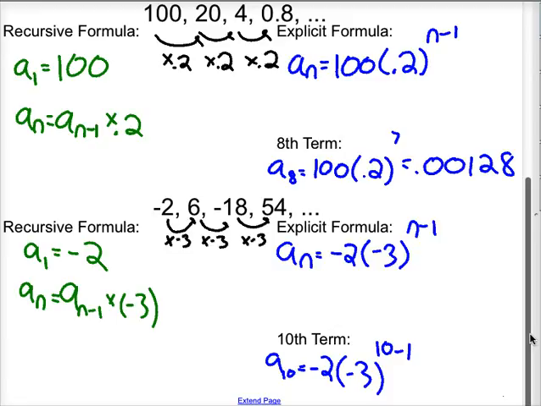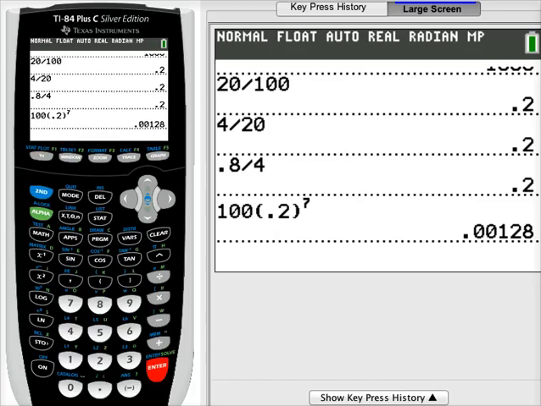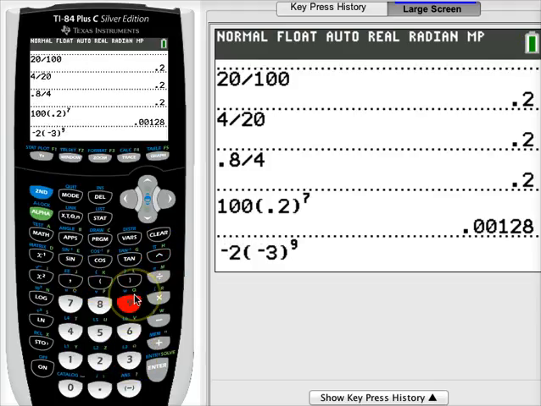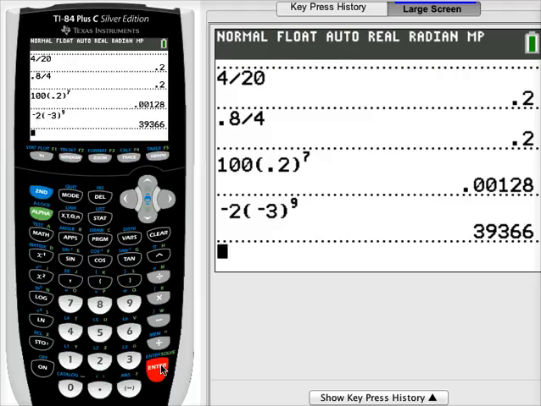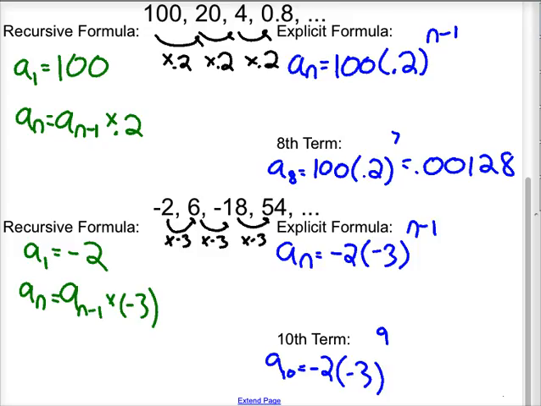Well, I know what 10 minus 1 is, so I'm just going to call that what it is, which is 9. Now I just have to type that into my calculator: -2 times -3 to the 9th power. And my answer, 39,366. And that is it.